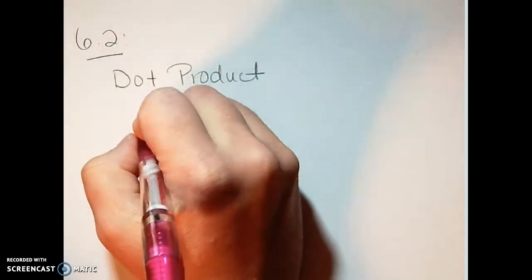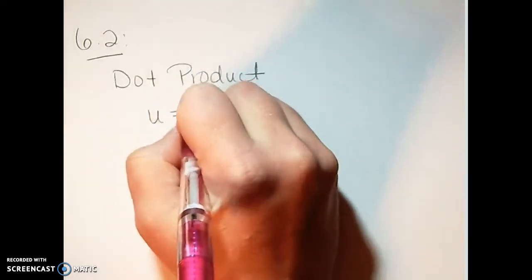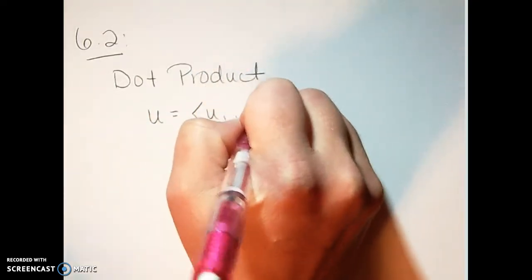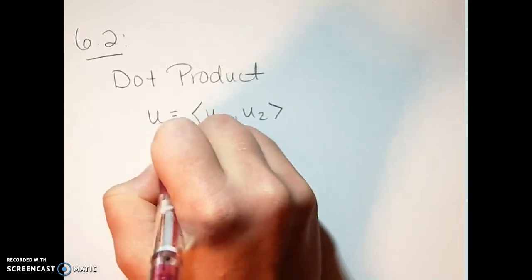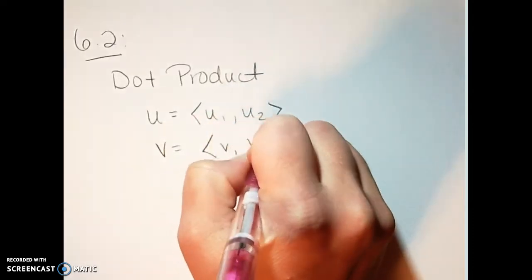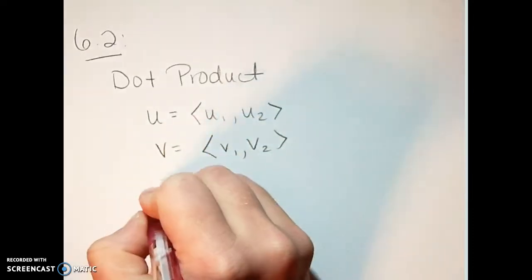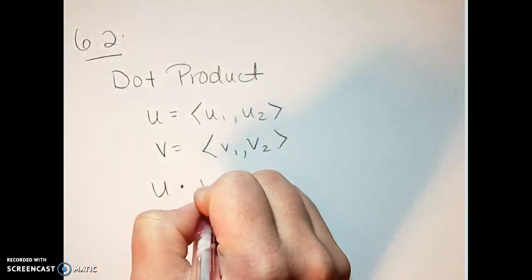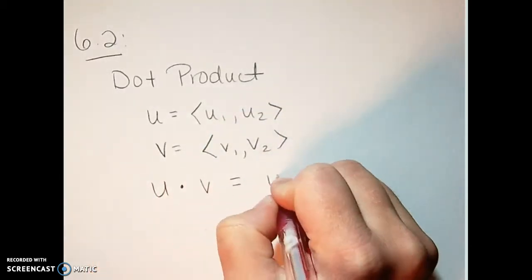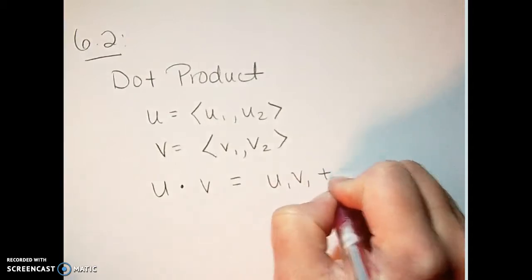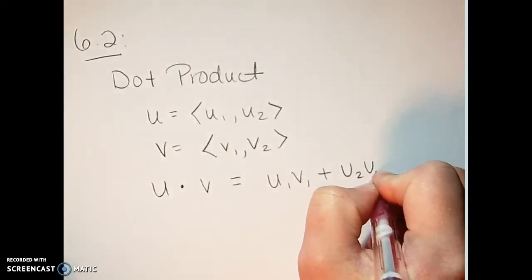The way we find the dot product: we'll let u be u1, u2, and v be v1, v2. The dot product, or u times v, is going to be u1 v1 plus u2 v2.